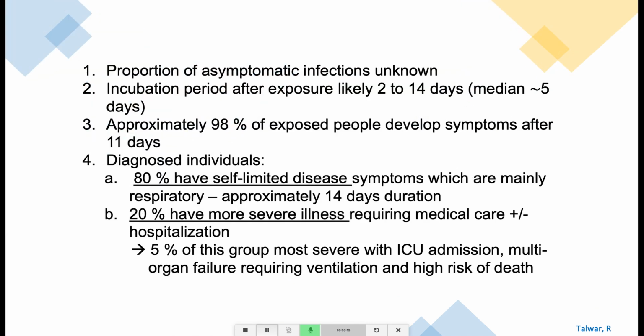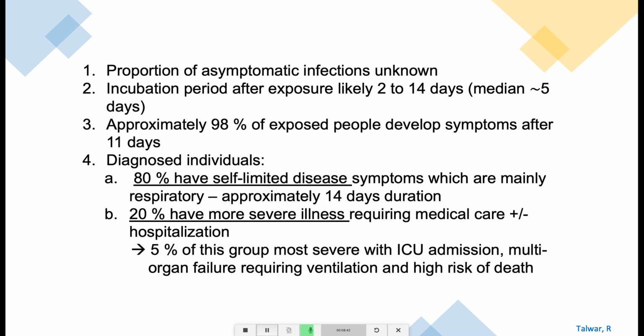The proportion of asymptomatic infections up until today is unknown, but there are some facts that they do know and have kind of clarified. Number two, the incubation period after someone is exposed can be anywhere from 2 days to 14 days, and they say the median is 5 days.